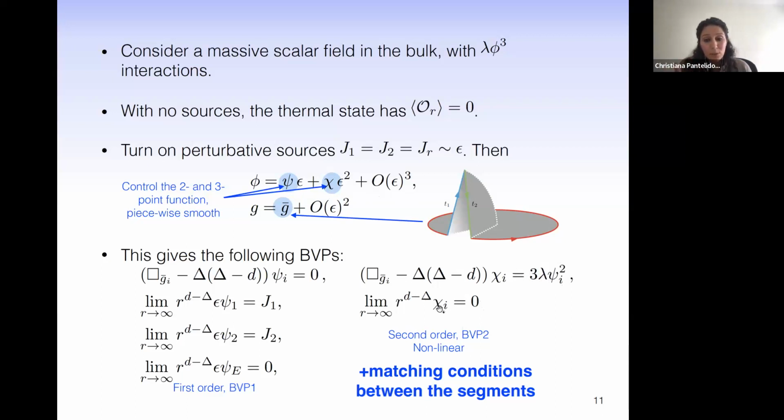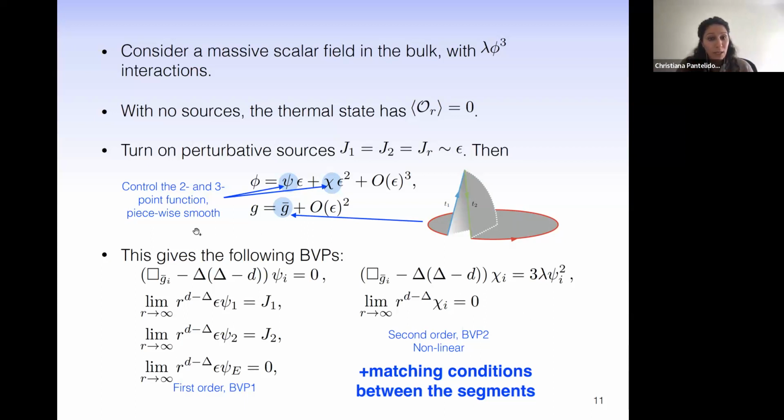This is because we want to measure the response of the system at the first nonlinear order given the sources at order epsilon. So the task for the remainder of the talk is to solve these 2 boundary value problems, always imposing the matching conditions on the joints as prescribed by the Skenderis-van Rees real-time holography prescription.